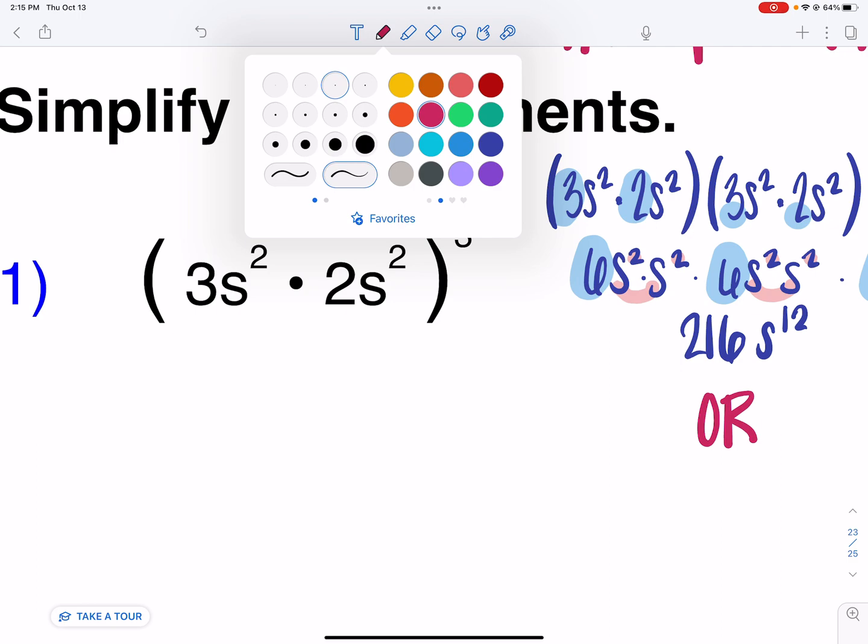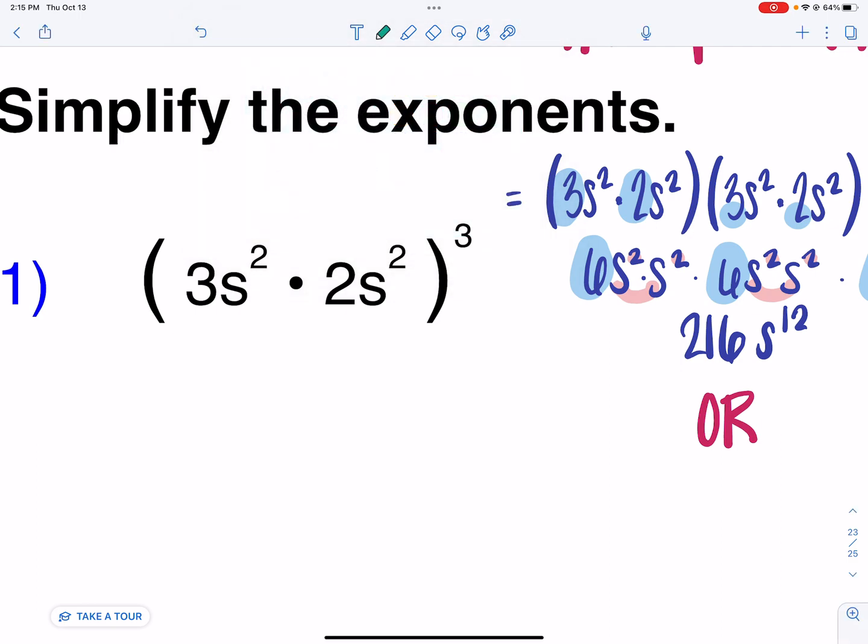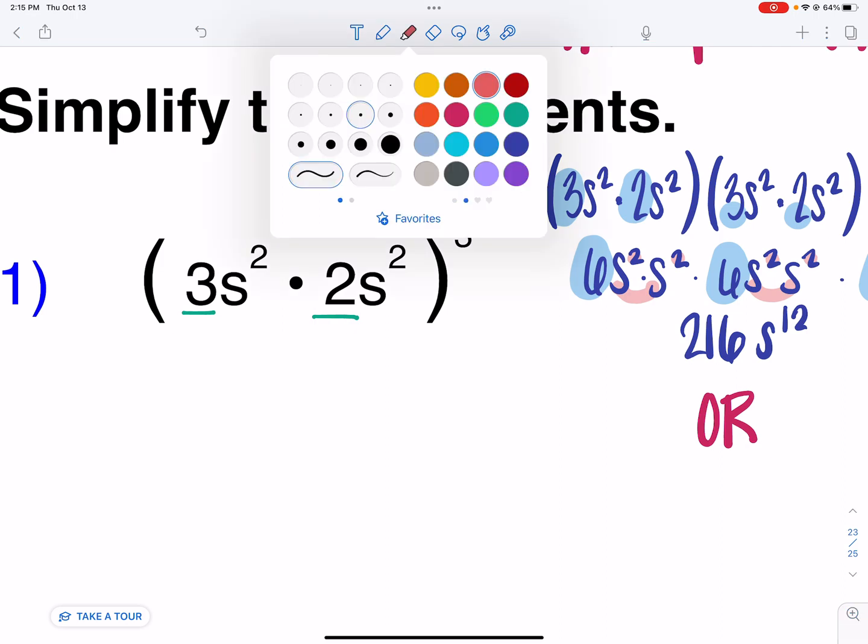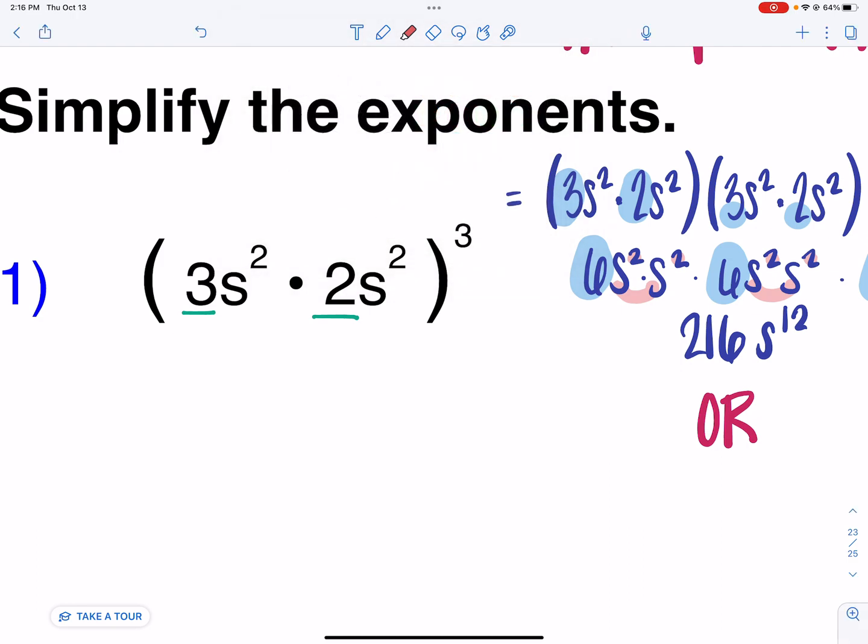I'm going to do our second choice in green so you can differentiate easily between the two methods. Now, the first thing I notice in number 1 is that the 3 and the 2 could be multiplied. So let's start inside the parentheses, just like if we were doing PEMDAS.